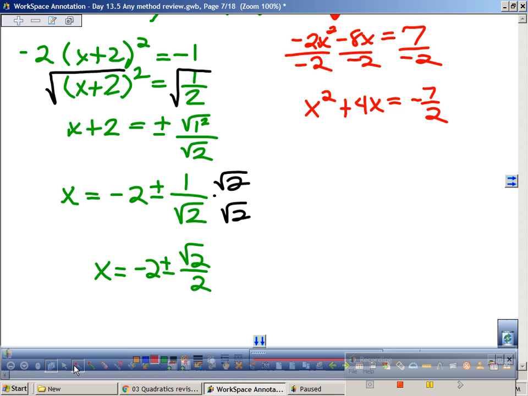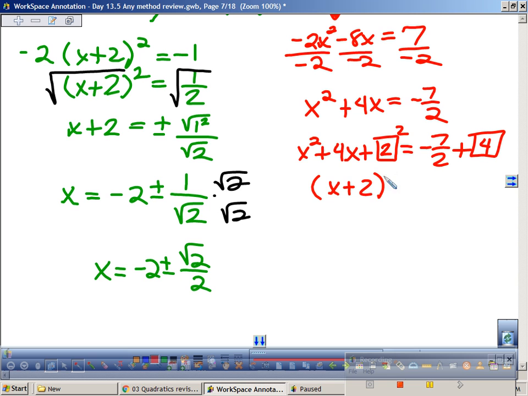So completing the square with this is a breeze, right? So if I complete the square with this, I get x squared plus 4x plus something equals negative 7/2 plus something. So my something is 2 squared, or 4. So I get x plus 2 squared equals negative 7/2 plus 4. Well, how do I make a 4 to have a denominator of 2?